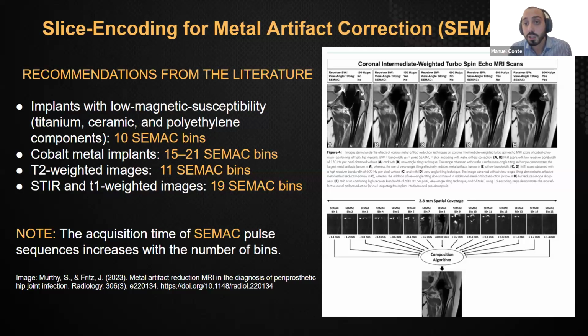Then we increase the bandwidth, we apply the VAT, and we apply the SEMAC. And as you can see, the difference between image E and image A. And in the lower image, we have all the bins with different phases that are reconstructed by the software, and then we get the final image after the combination by the algorithm.